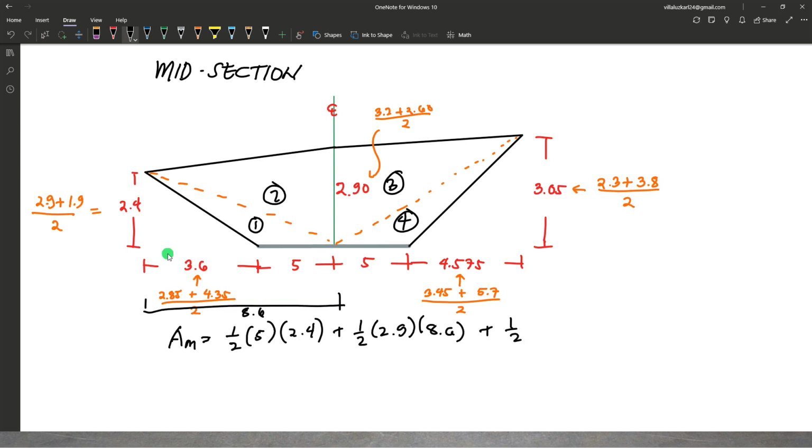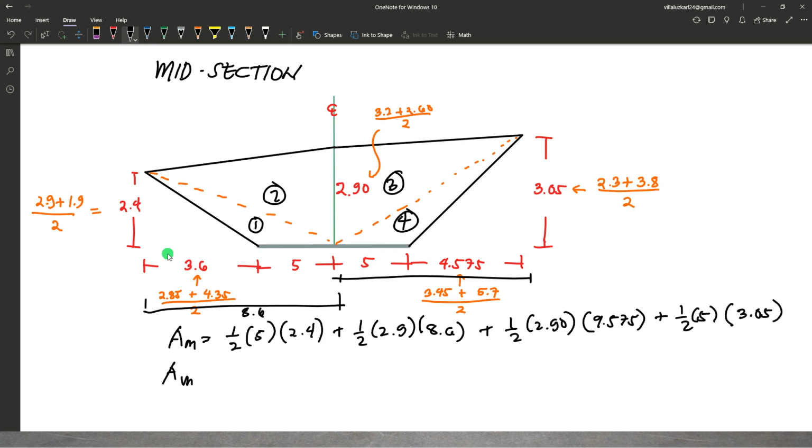Plus the third triangle, 1 half, 2.9, total horizontal distance here, 5 plus 4.575, that's 9.575, plus the fourth triangle, base is 5, height is 3.05. Therefore, the area at the middle, when you compute that, is 39.979 square meters.